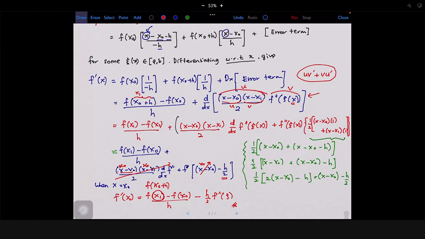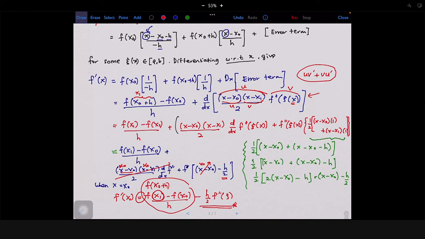It asks to develop a similar formula for the derivative of the function using the Lagrange polynomial, and discuss the error. So the last part is the error. We removed the limit here, so actually there is an error term at the back, while the front is the same as the first principle.